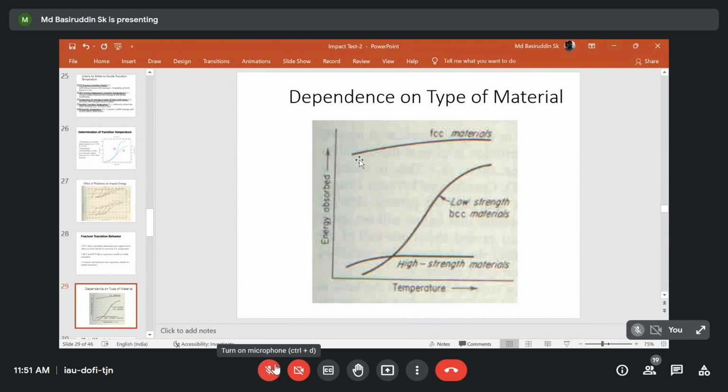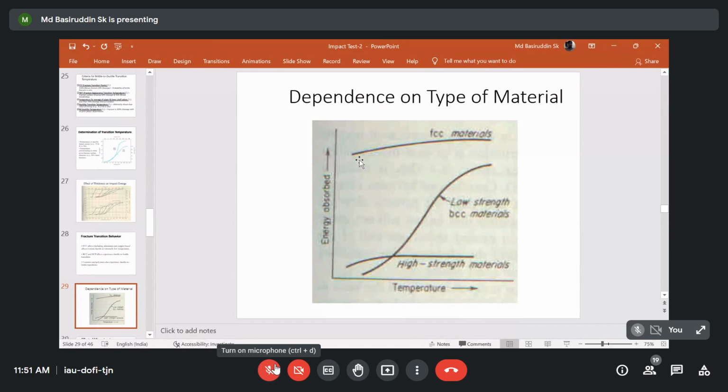If you reduce the temperature, this stress component will change. Its contribution to energy absorption will be negligible at very low temperature, so at low temperatures the energy absorption capacity will be very, very less.